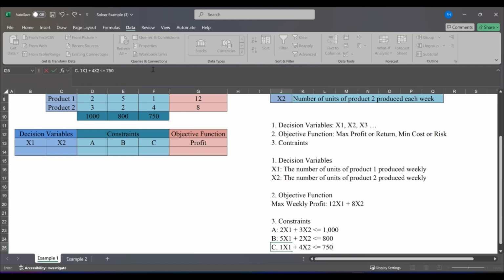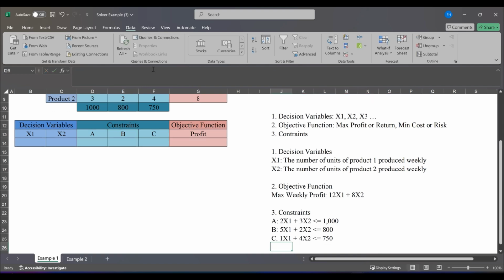So those are all the raw material constraints. However, in this problem, I still need to add a final constraint, which is the non-negativity constraint. The minimum number of units of product one that I should produce is 0. I cannot produce any negative quantity. So I need to add this non-negativity constraint and state that X1 and X2 should be greater than or equal to 0.